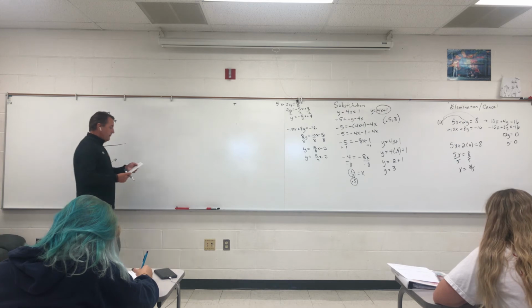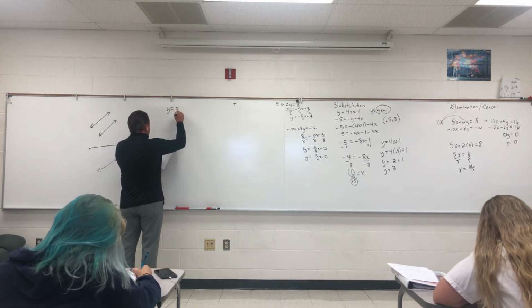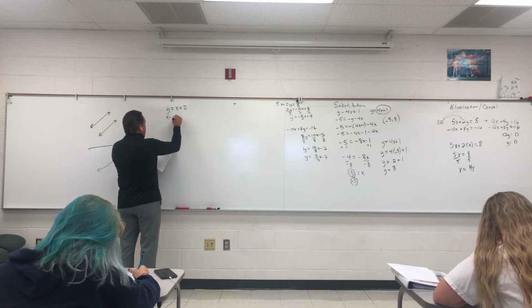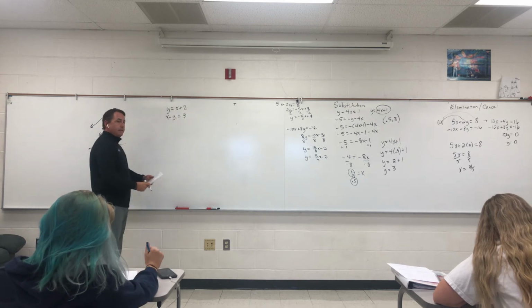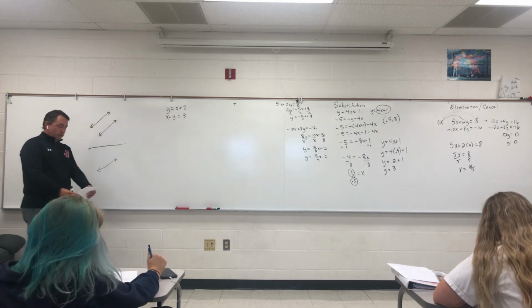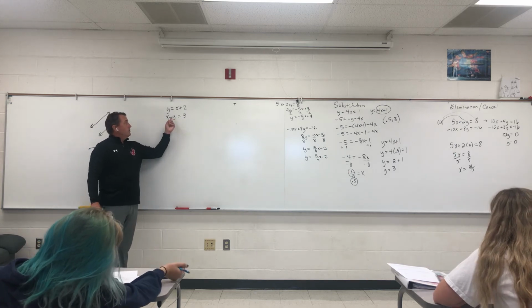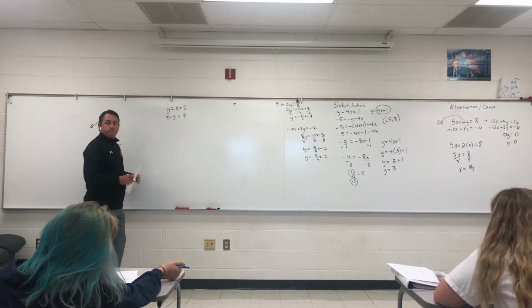Okay, so let's look at one of these. So the first one we got, 5a. I got y equals x plus 2. And I got x minus y equals 3. Okay, did I write that down right? I think I did. I hold my paper further away and I can see the difference in the minus and the equal this time. So that's already in slope-intercept form, right? What could I do to this one to make it be slope-intercept form?